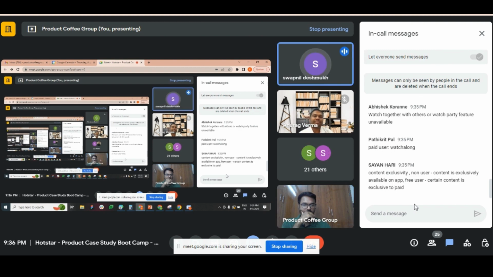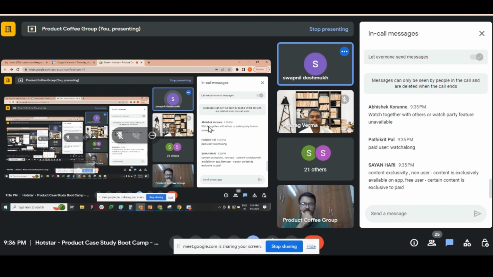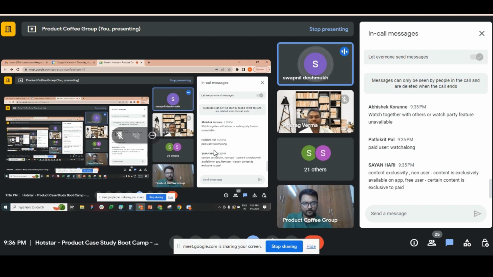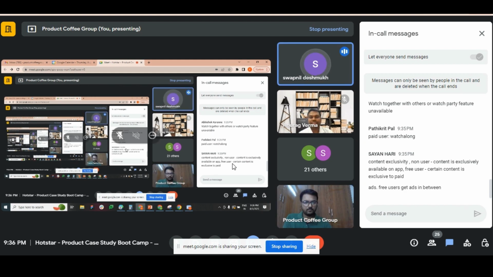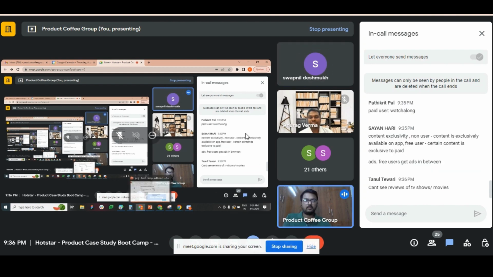Maybe even if paid users are there, some paid users might not be in a position to select their liking of TV show because of their subscription plan. Okay, can you elaborate? There may be some show which is not available in his own selected subscription plan. Okay, but he knows that, right?